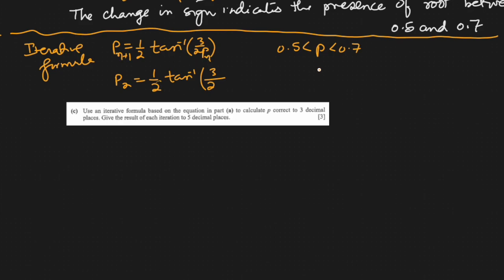So P1 I'm starting with 0.6, which is exactly between these two numbers. Okay, and I will get some value from here, and they said we need to write each iteration to 5 decimal places. So first one comes out for me 0.59514.